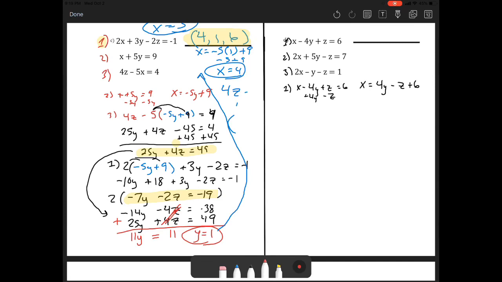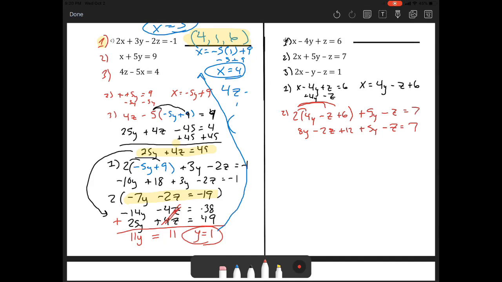So for my second equation, it's going to be 2 times 4y minus z plus 6, plus 5y minus z equals 7. So simplifying that down, we're going to distribute, and I'm going to get 8y minus 2z plus 12 plus 5y minus z equals 7.